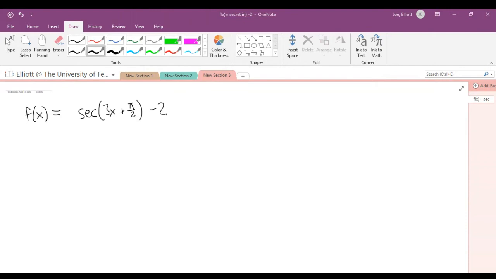We asked for the period as well as the range of this function. And then we also asked for the equations of at least 3 vertical asymptotes. And then, of course, graphing 2 periods as well, okay?